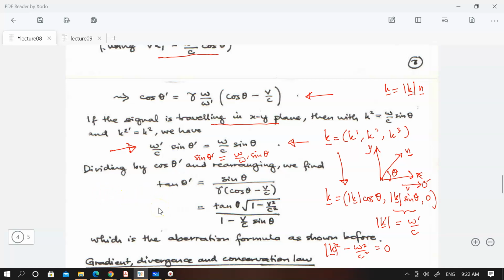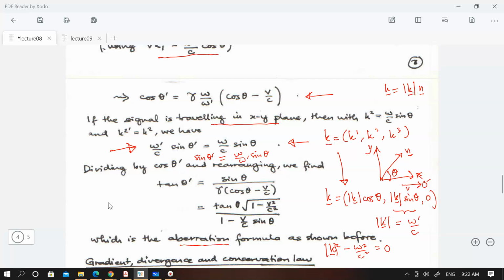And if you simplify this with respect to this sine theta and cos theta, you get tangent theta times this square root 1 minus v squared on c squared divided by 1 minus v on c sine theta. And this is actually the formula for the aberration that we have seen before when we discussed the Lorentz transformation in the Lorentz kinematics lecture.